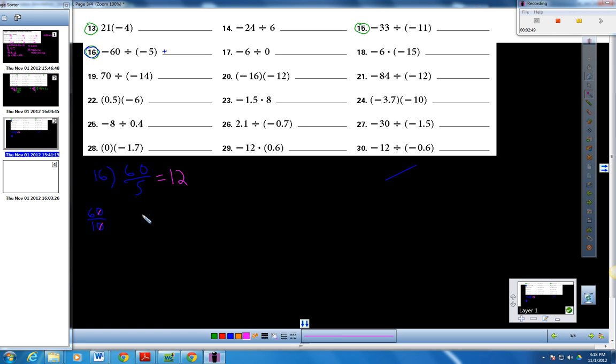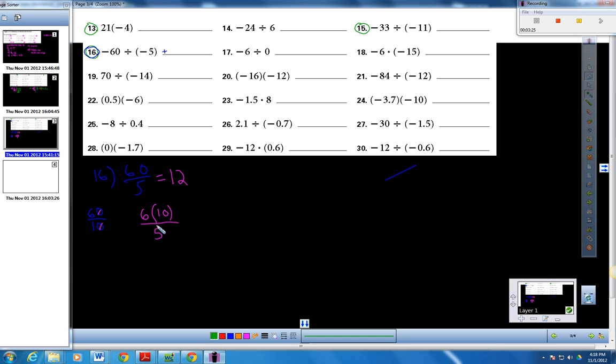You could break up 60. Oh, this is a nice one, because I could break up 60 into 6 times 10. When I break it up into 6 times 10 over 5, I can now use cross-canceling.